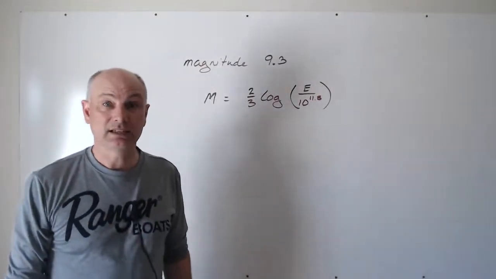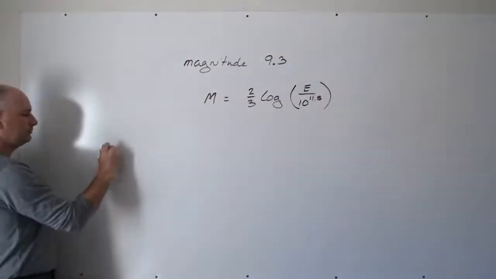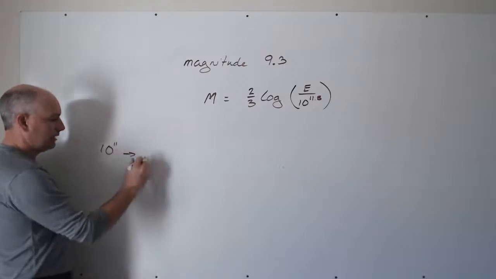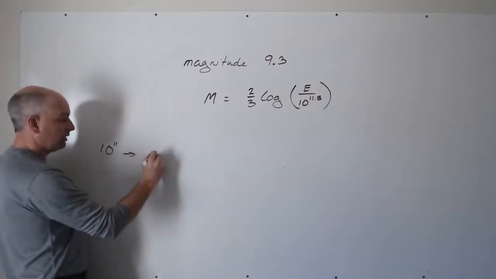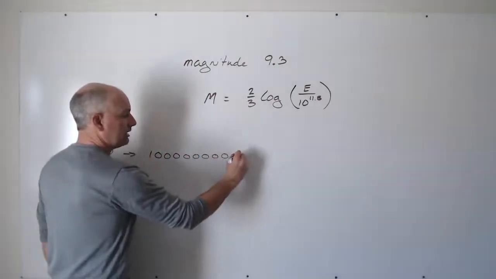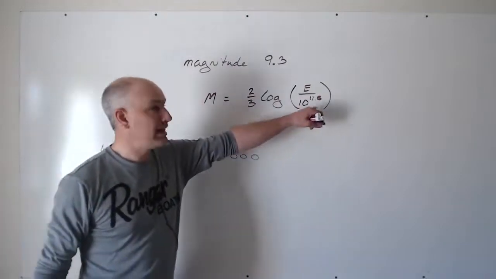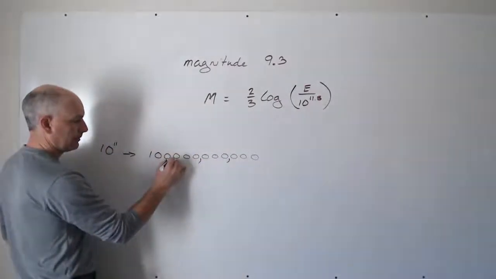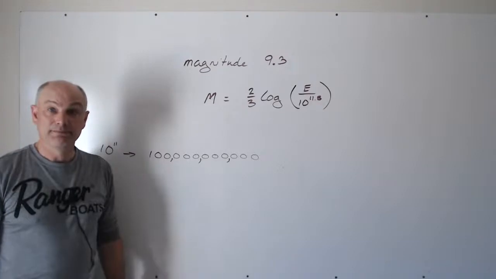That's pretty massive. Now I want you to just think about that for a second. Let's just say 10 to the 11th power. Well, that's going to be what? That's a 1 with 1, 2, 3, 4, 5, 6, 7, 8, 9, 10, 11 zeros behind it. We're looking at 11.8. It's almost 12 zeros. That's massive.